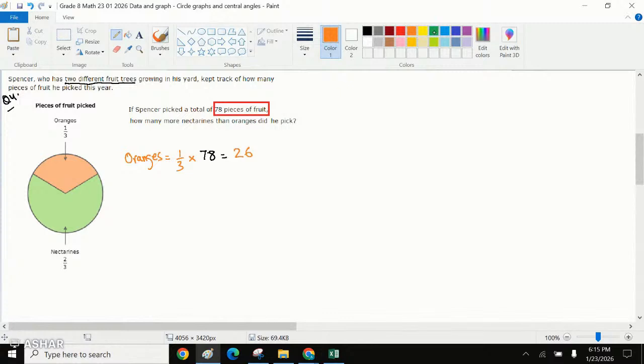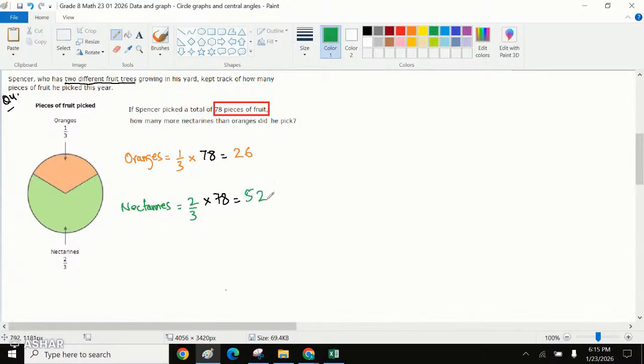For the next value, nectarines, they were 2/3 of the total, right? That means 2/3 of 78. That comes out to be 52.